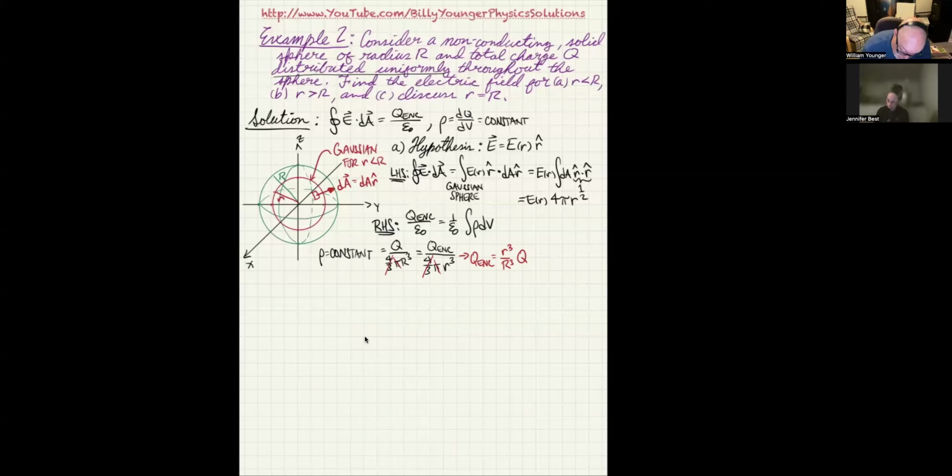So now what I can do is write equals Q over epsilon naught times little r to the third over big R to the third, and that would be the right-hand side. Does that make sense? That Q over epsilon naught times r cubed over R cubed. Now I'm going to set left-hand side equal to right-hand side.